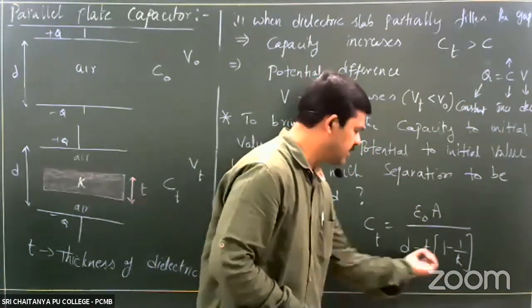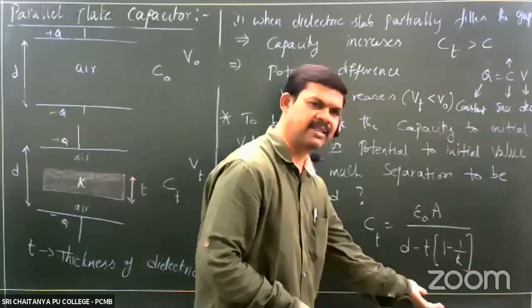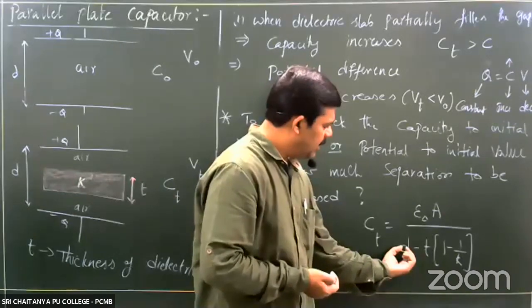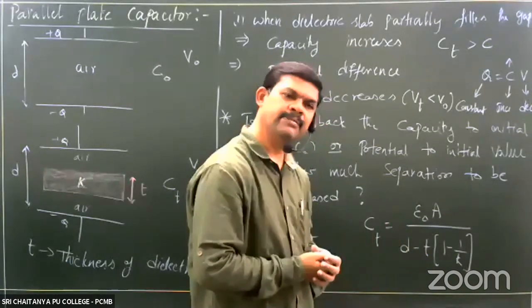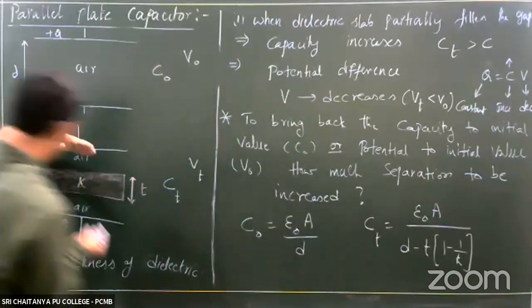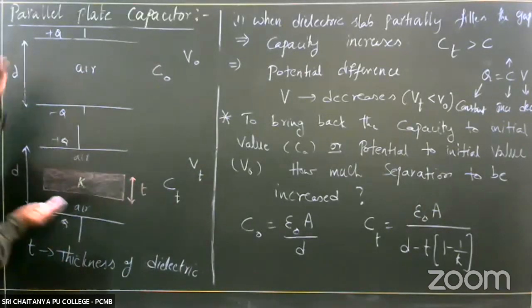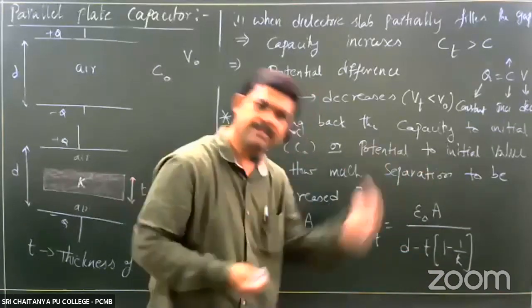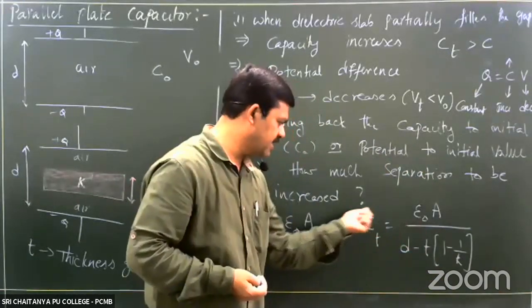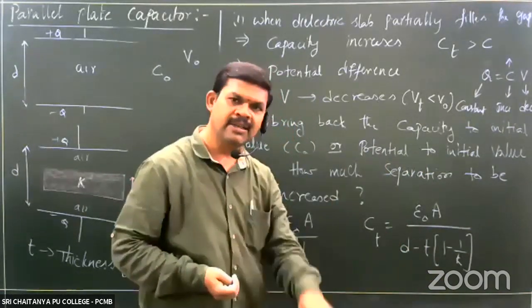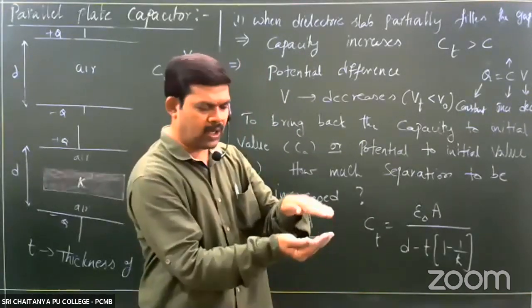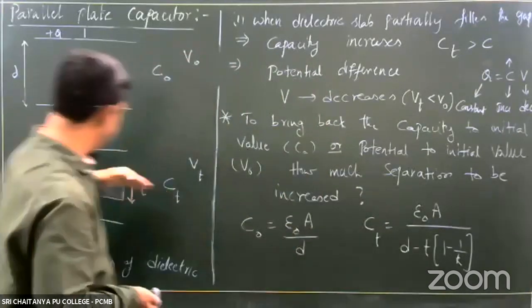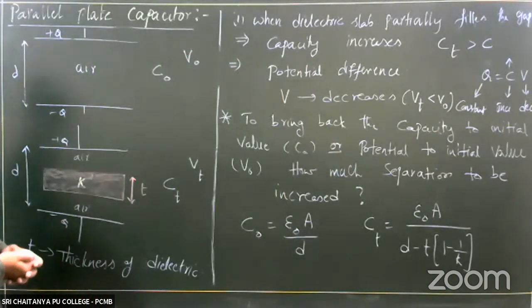So something is subtracting, decreasing the denominator, so C is increasing. If I increase the separation between the plates, this denominator increases. Once the denominator increases, Ct decreases. So we go on increasing that separation till Ct again becomes C naught.